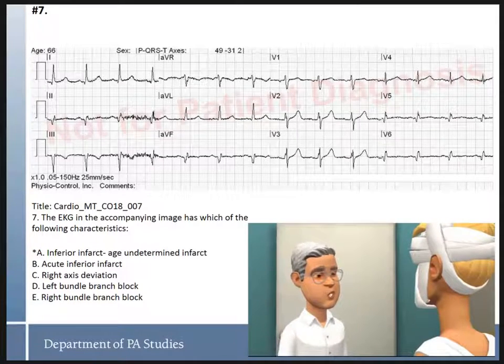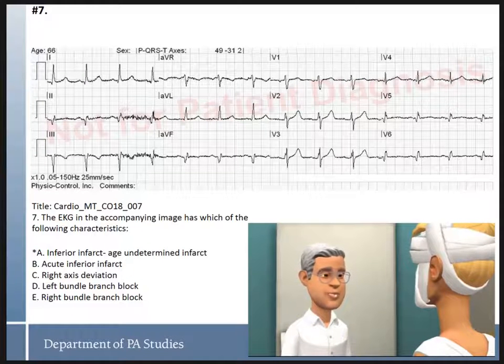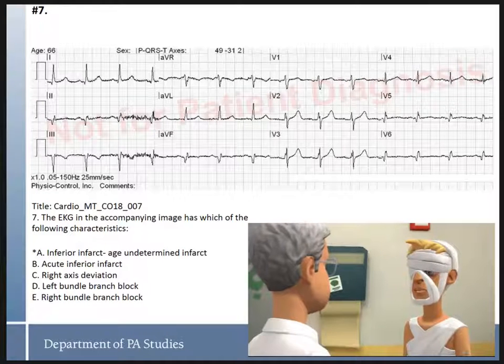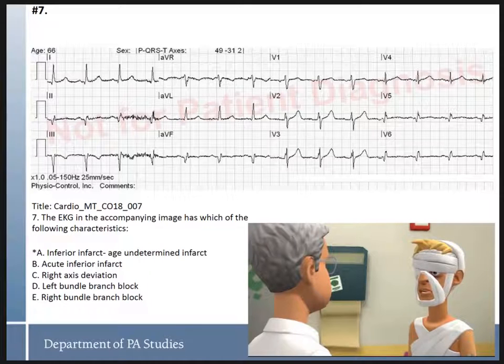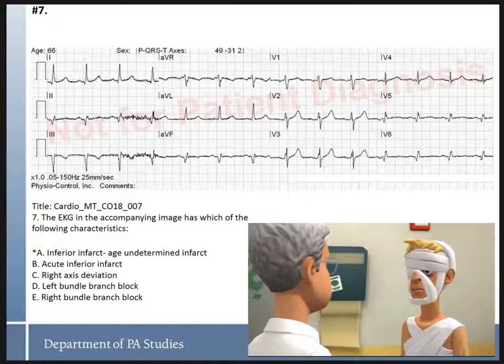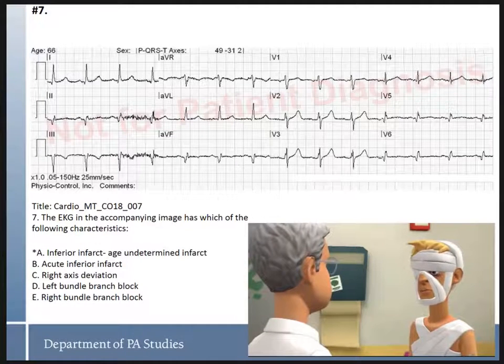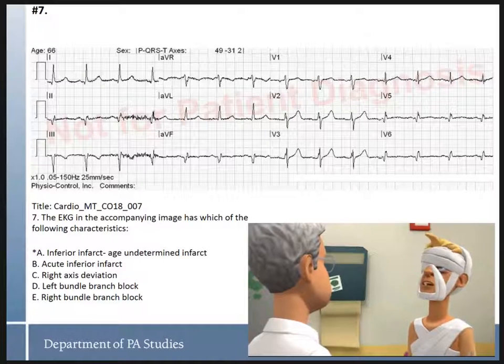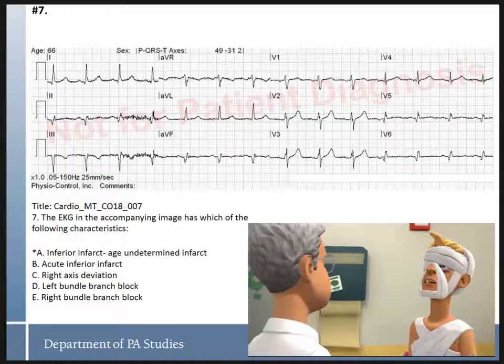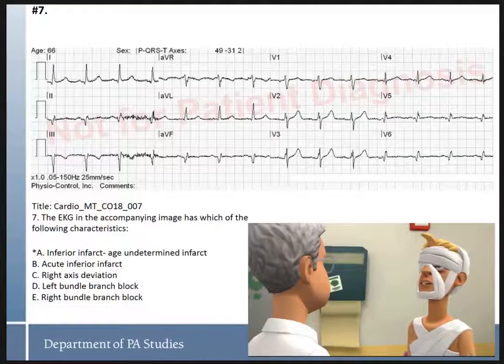Now I challenge you to a battle of wits about this next EKG. Yes, with my one good eye, I can definitely tell that there is not an acute anterior infarct, since there is no ST elevation of 2 mm or more in leads V1 through V4. And lead 1 is positive, with AVF negative, so that is a left axis deviation, not right.